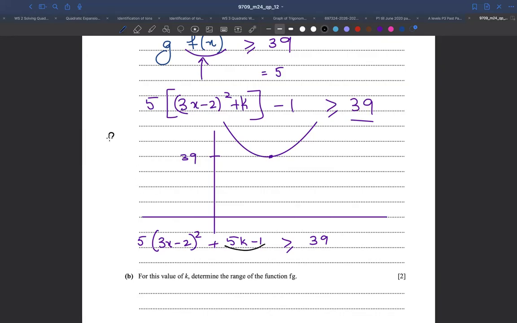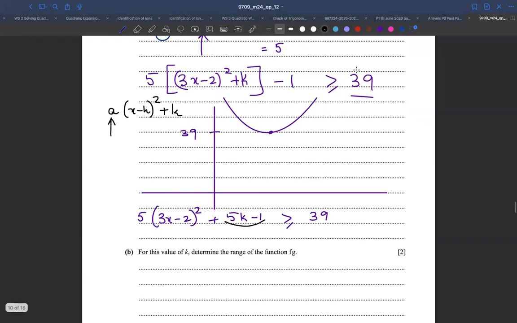Relating it back again over here, a into (x minus h) whole squared plus k, if a is positive then there is a minimum point, and that minimum point I know is 39, right? And this value k represents my minimum point, which in this case is 39, and over here it is 5k minus 1. So I can say 5k minus 1 should be equal to 39. So 5k is equal to 40 and k is equal to 8.